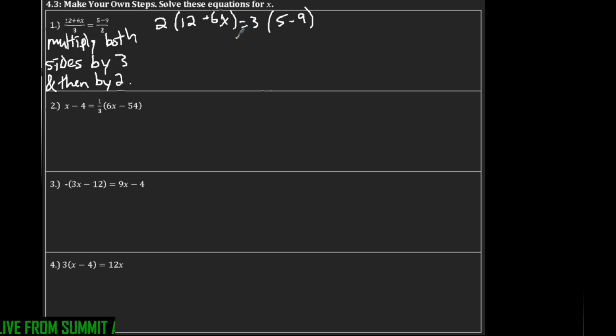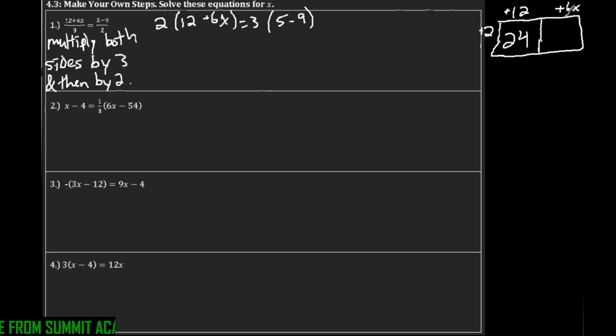Make sure you can multiply inside the parentheses. So I'm multiplying 2 times each of these sets of parentheses. So let me do this on the side. I have 2 on the outside. Draw your little box. I'm multiplying by 12 and by positive 6x. It's important to draw the signs, so that way you know what you're multiplying by. So 2 times 12 is going to be 24, and 2 times 6x is going to be 12x.